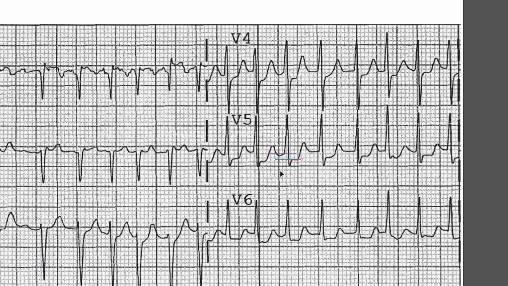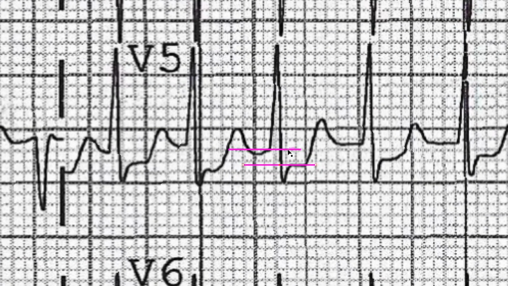And then we get this ST depression, that is, the ST segment is below the baseline. Look at this over here. This might be an even better example. I didn't even see it. I might just stretch these out a little bit.